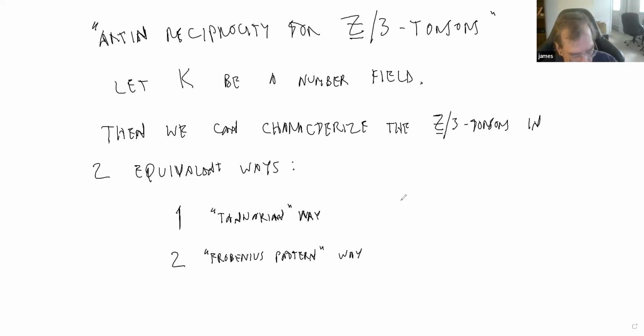Well, so I haven't so far on this whiteboard, which is a little bit cramped, explicitly said what the Tannakian way is and the Frobenius pattern way is, but I'll probably have to write that on a different page.